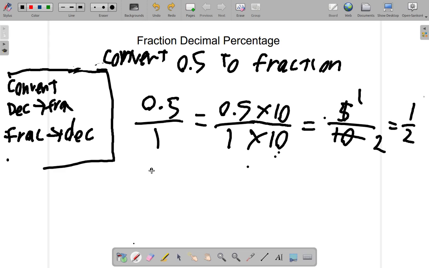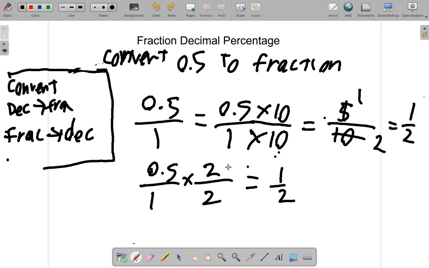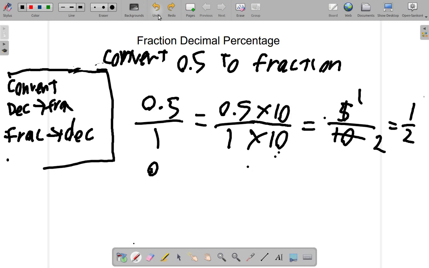As I was saying before, if you multiply the 0.5 by 2 and this by 2, you're going to get 1 over 2. Alright? But this rule of multiplying by 10 applies generally. Suppose it was 0.05 that you should convert to a fraction.